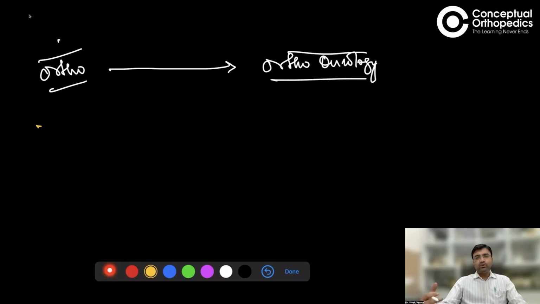There are references you can take, but not where you will be taught site-specific things. Like today, the topic is proximal humerus tumors. You will never get any material like that. You may get a general perspective about oncology, general principles, what is extended curettage, benign tumors, malignant, but specifically proximal humerus is not taught.